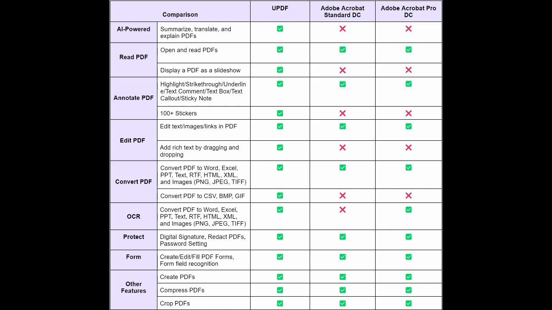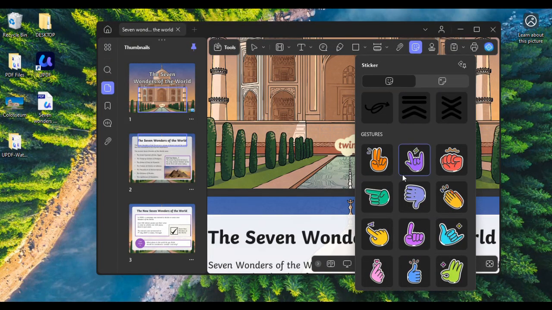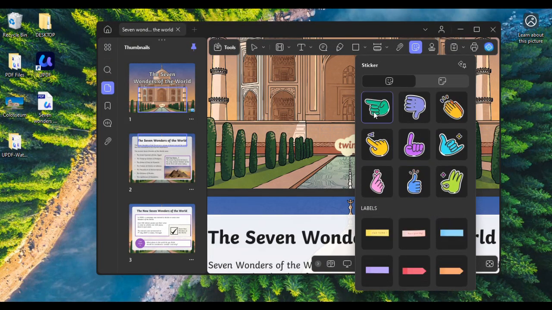UPDF has a lot more advantages over Adobe, and that is why UPDF is my go-to PDF editor. While they both support multiple platforms like Windows, Mac, Android, and iOS, Adobe Acrobat only allows you to use one account on 2 devices simultaneously, while with UPDF, one account is usable in 4 devices simultaneously. It has more customization options too than Adobe Acrobat.